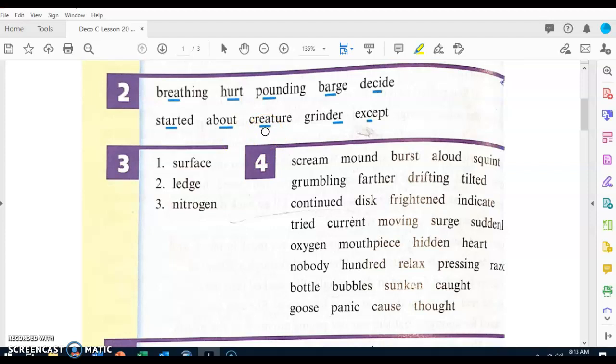E. What word? Creature. Next word. What sound? What word? Grinder. Next word. What sound? What word? Except. Now let's go ahead and look at part 3, boys and girls.